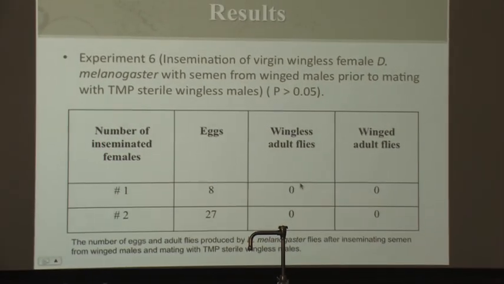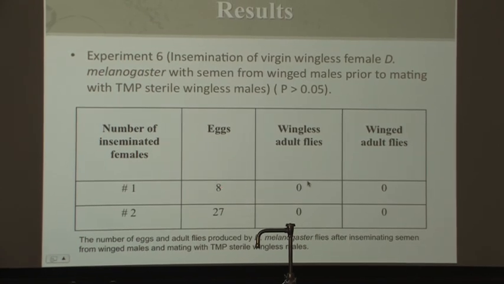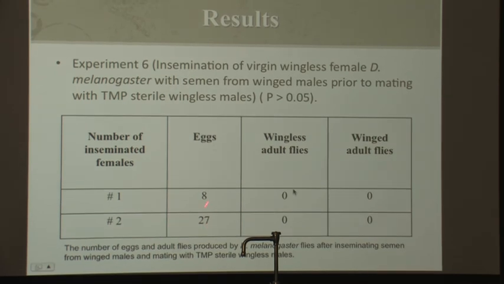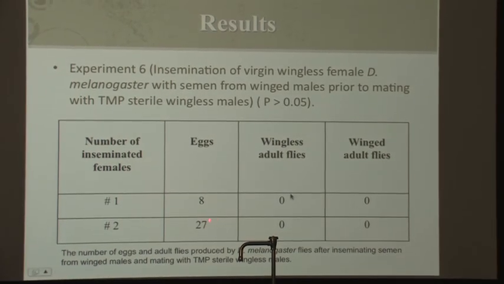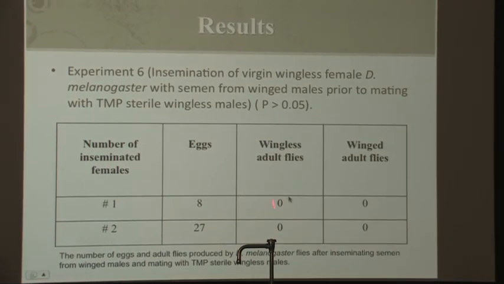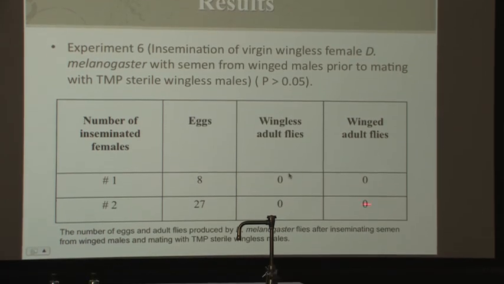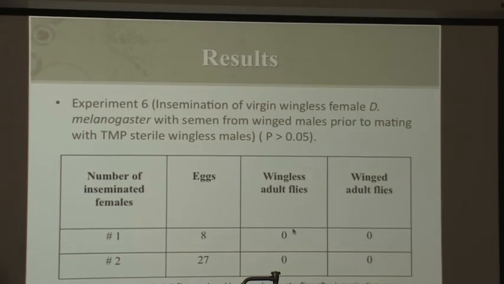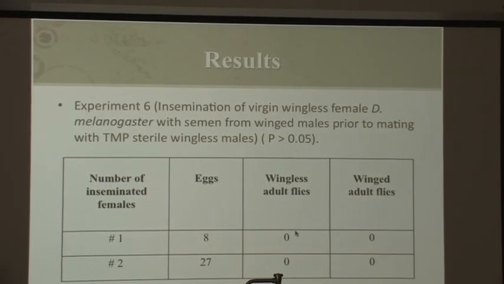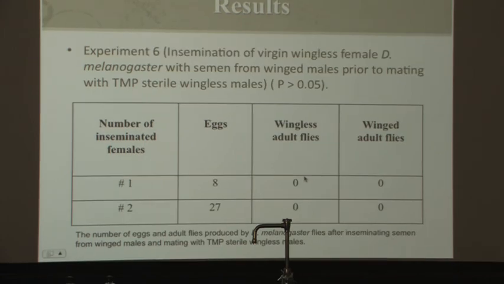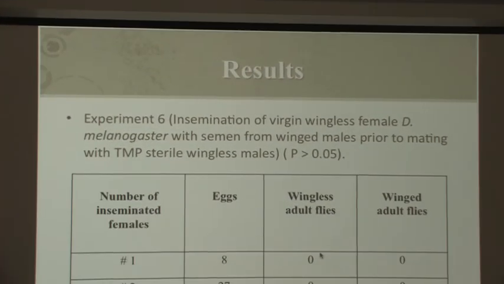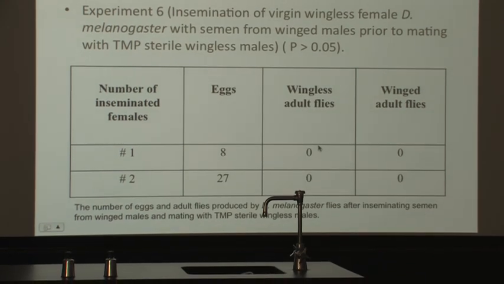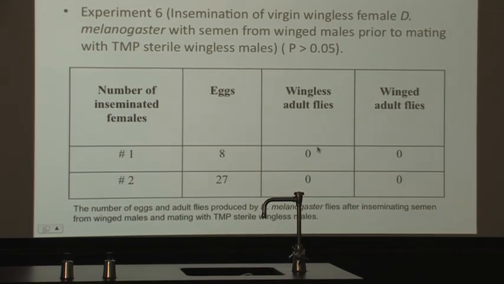This table shows 2 females laid eggs, one laid an egg and another laid 27 eggs, but none became adult flies. So this means they are still unfertilized eggs. Therefore, after the statistical analysis, the p-value is more than 0.05, so there is no significant difference whether treated with TMP sterile males or not.